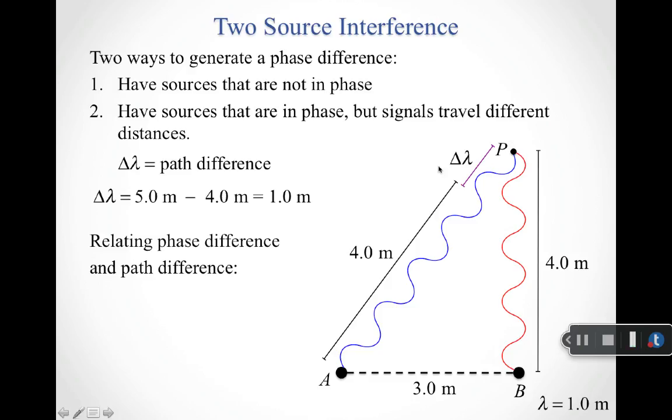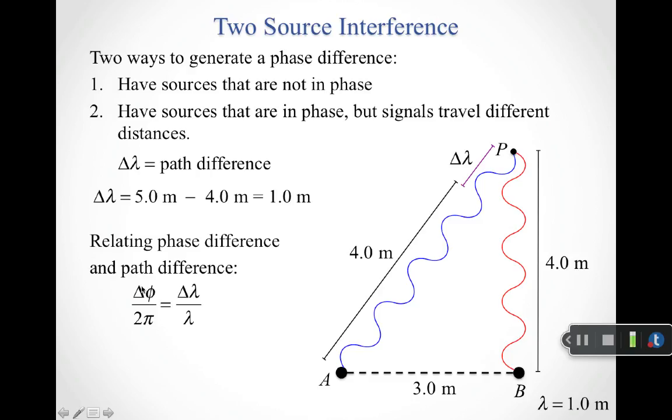So in this case, for our example, this path difference is just going to be 5 meters minus 4 meters, which is 1 meter. So the blue wave coming from source A traveled 1 meter more. Well, if I want to relate that to the phase difference, which is basically going to help me think about whether my waves are adding up constructively or destructively, this is the expression that I'm going to use to do it. So you notice that the phase difference over 2 pi is equal to the path difference over lambda.